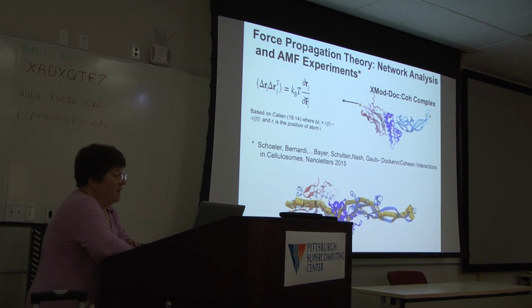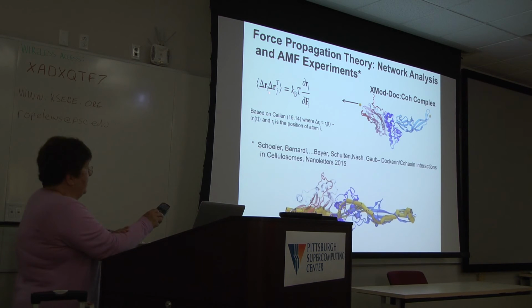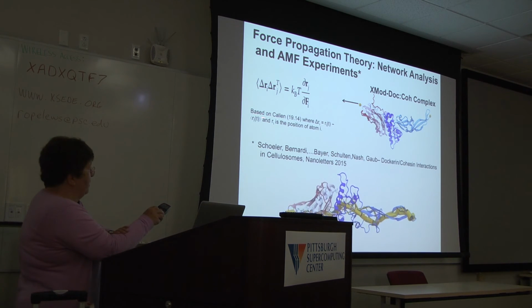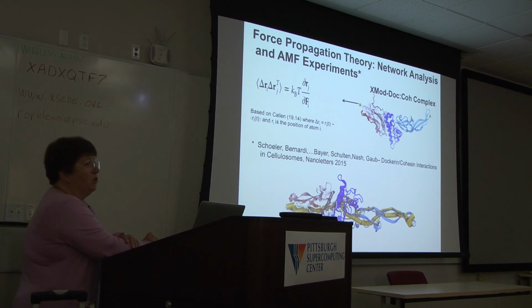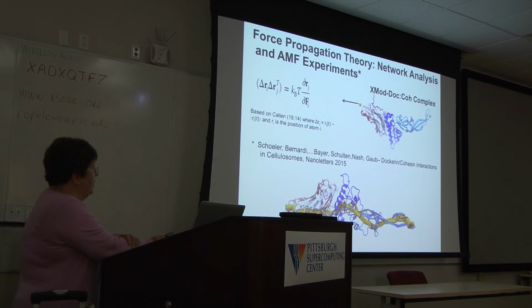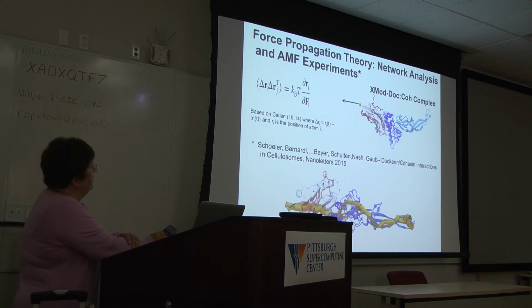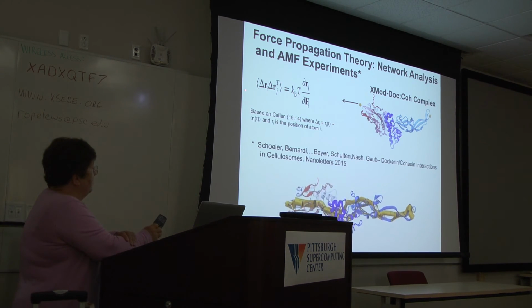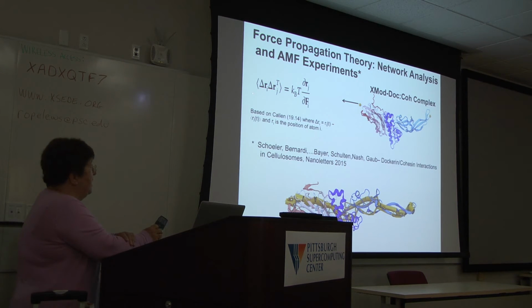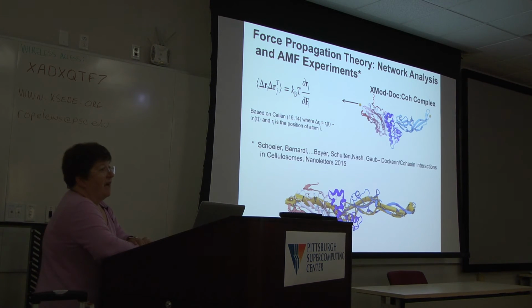Okay, and finally an application of these correlations. If you ever looked at this book by Callen on statistical mechanics, he has in chapter 19, equation 14, shown that the correlations of the fluctuations can be related to the force that's acting on these atoms.